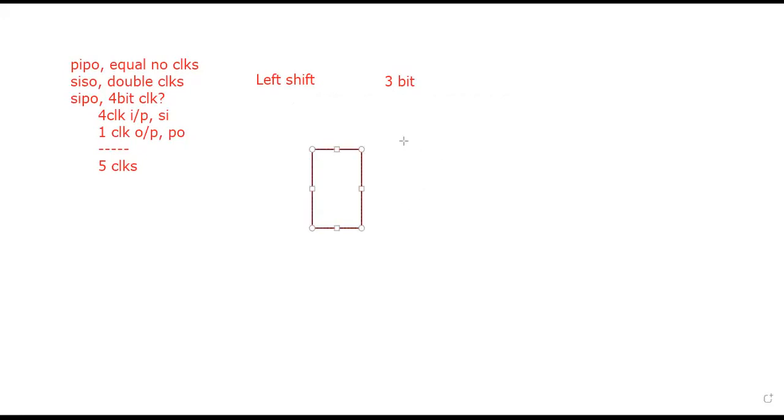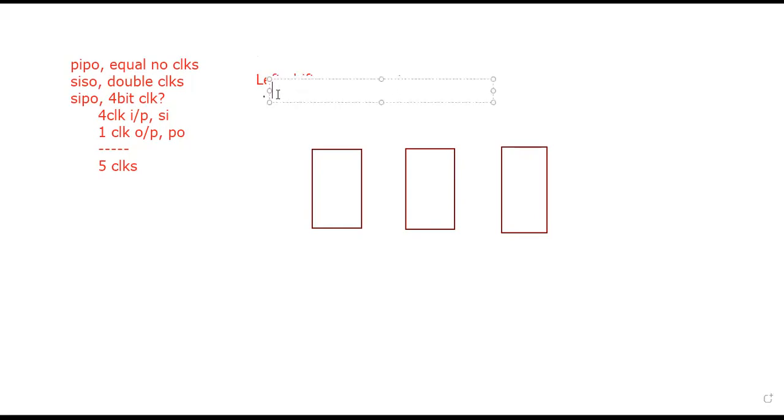Here 3 bits, so we have to draw the number of flip-flops according to the bits first. Now look at the name, it is left shift. So whenever you hear this kind of term, in left shift, you are moving towards the left side.